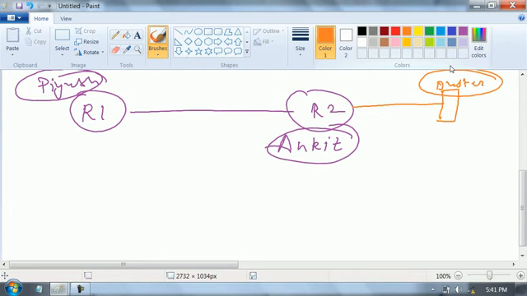But my point of view is, there is a need to configure routing only when we have indirectly connected networks. Now in this case, Piyush can reach Ankit by two ways. One by using static routing, other by using dynamic routing.